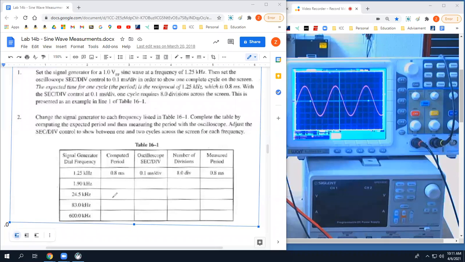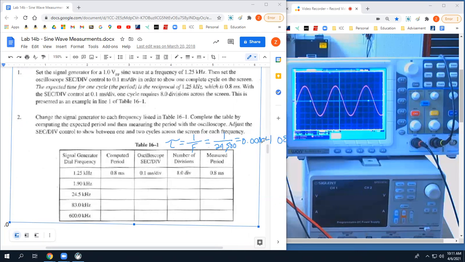Now I'm at 24.5 kilohertz. So computed period, T, equals 1 divided by the frequency, 1 divided by 24,500 equals, I'm getting 0.00000408.